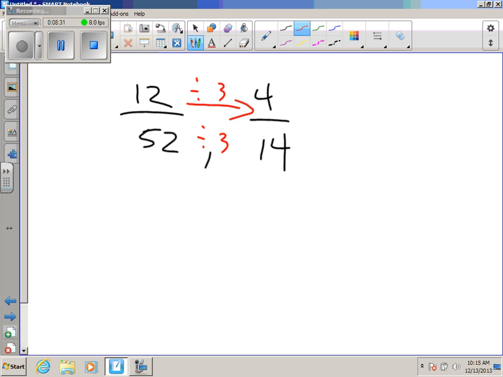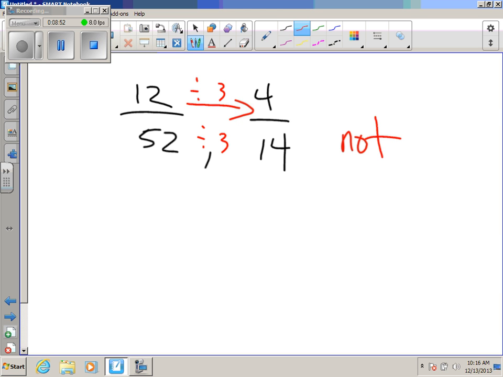Is 52 divisible by 3? Remember our divisibility rules? 5 plus 2 is 7. Is 7 divisible by 3? No. So this isn't divisible by 3 at all.